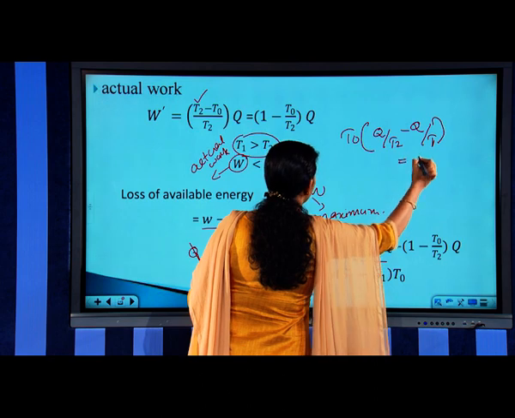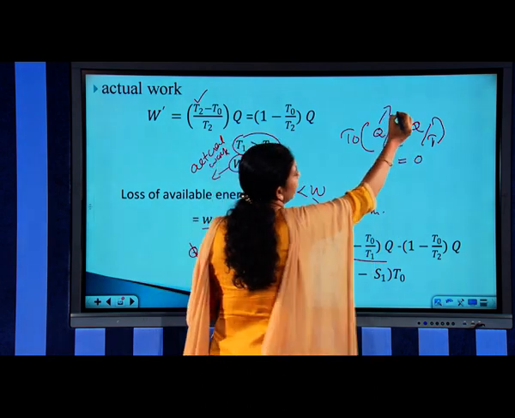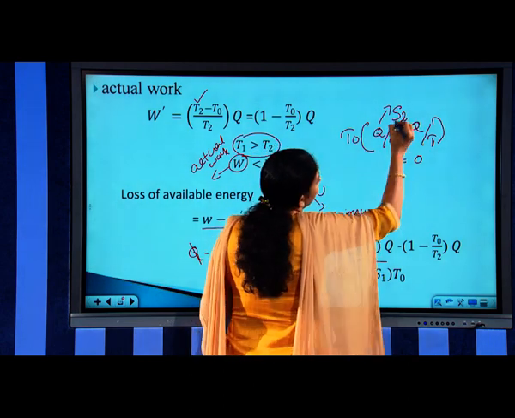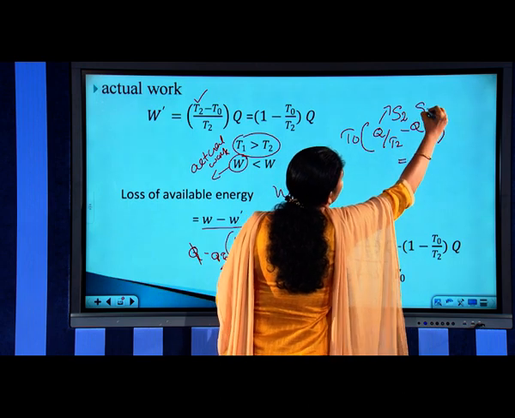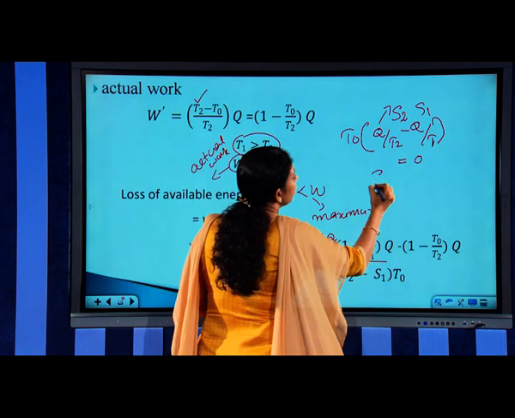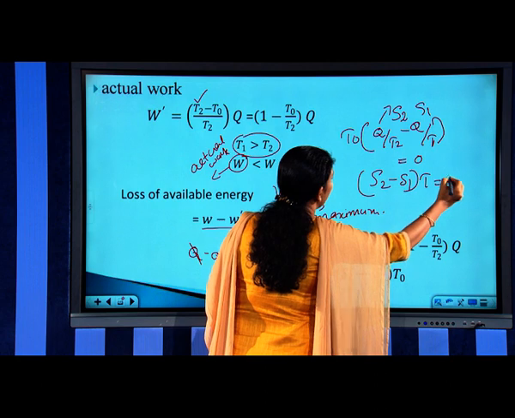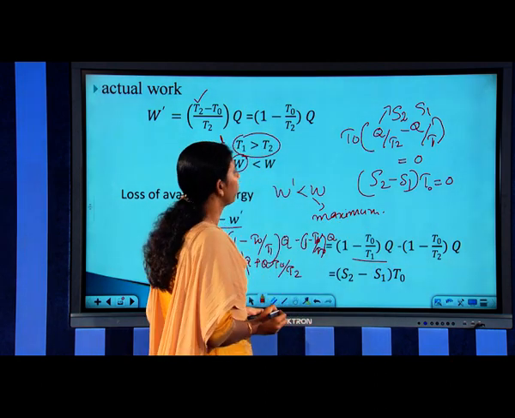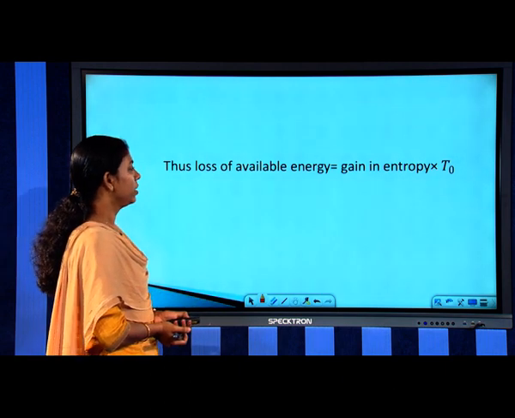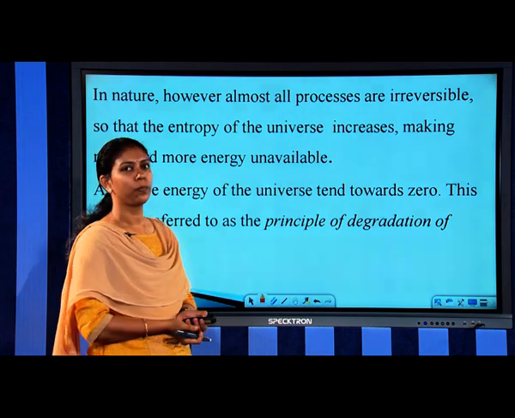Here Q by T2 represents the entropy S2, and Q by T1 represents S1. Thus, S2 minus S1 into T0. Thus, loss of available energy is equal to gain in entropy into T0.